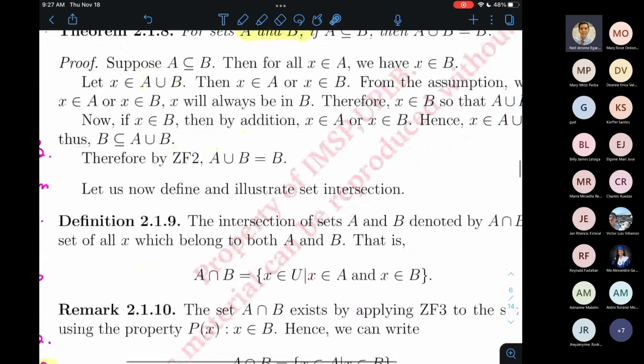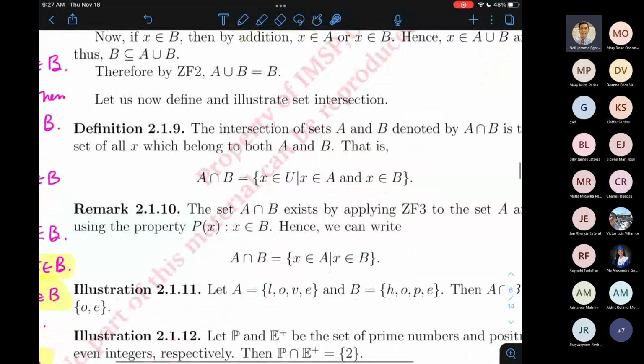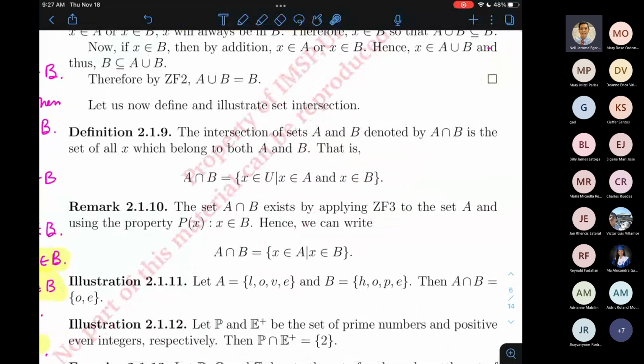Now let's move on with the second operation, which is the intersection of two sets, and that's in definition 9. So the intersection of two sets A and B, denoted by this guy. If you're writing things in LaTeX, ito yung tinatawag na cap notation. So parang baligtad na union. Sa LaTeX, ang tawag sa kanya ay cap kasi para siyang sa club daw.